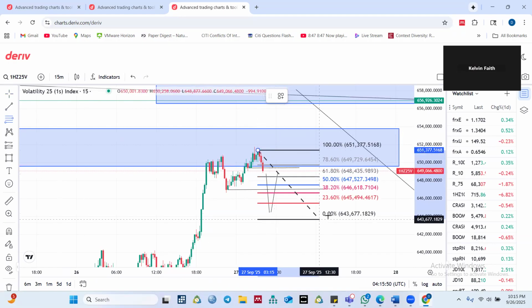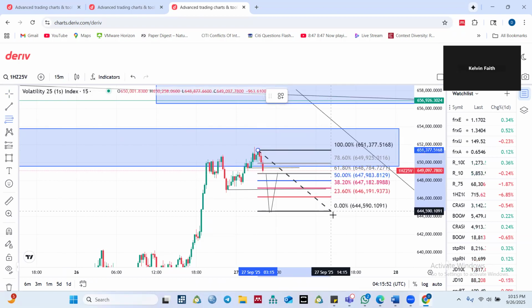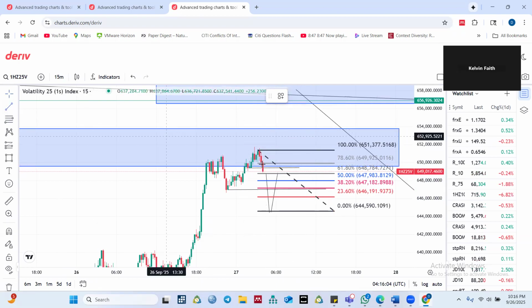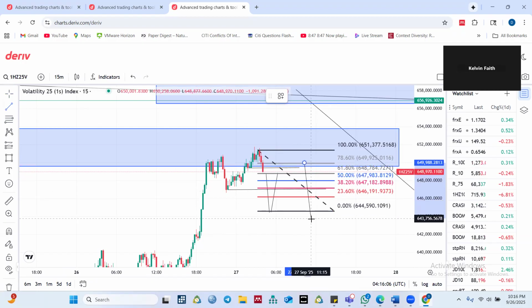That means we're going to have something like this. I'm not saying it will sell to here, but we're going to have something like this, which would still bring price back into the shaded area. And then we can take our sell entry from somewhere here.